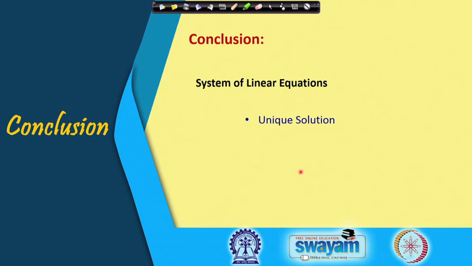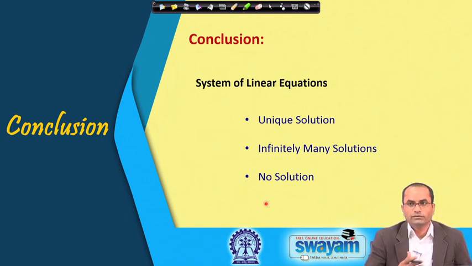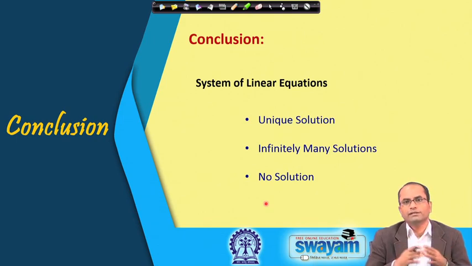So we have seen the case of the unique solution, the case of infinitely many solutions, and the case of no solution, and these are all the possibilities which can happen for a system of linear equations when we consider a large system of m equations with n unknowns, but we have seen it here with the help of very simple examples where we have considered only 2 unknowns.